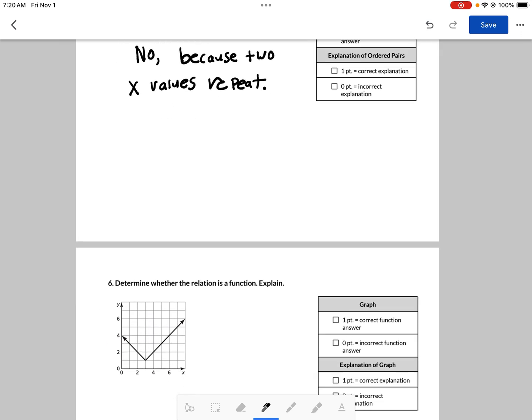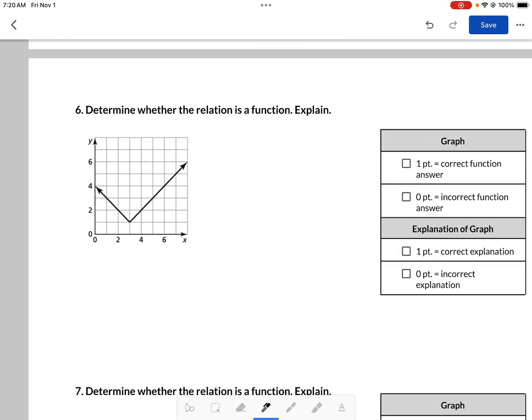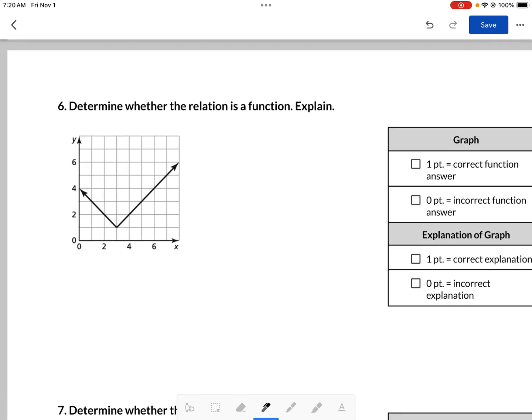Flipping it over again to number 6. Number 6 says determine whether the relation is a function. Explain. So for this graph, I can't show this to you because I don't have a video, but I always tell my students to do the vertical line test. So you just would put your pencil on the graph and drag it across.